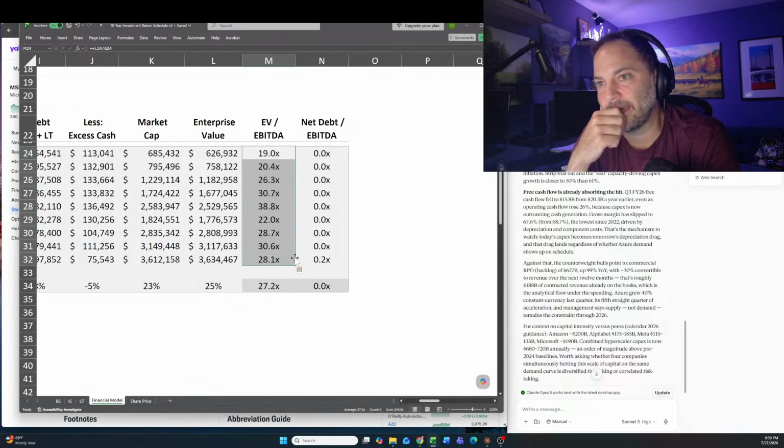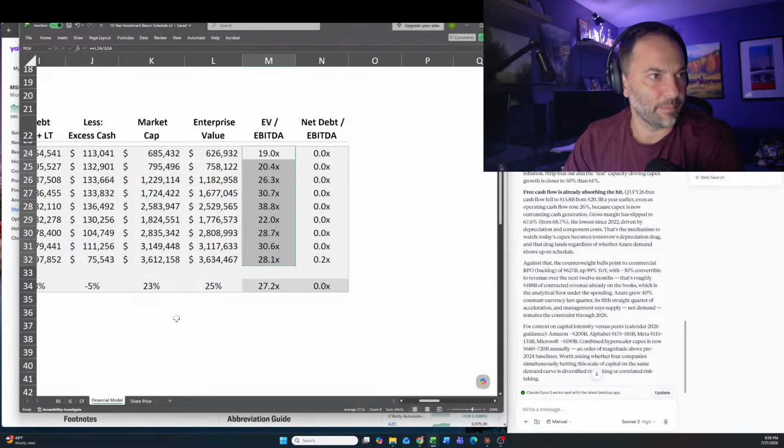I went back. Let me see if I can find this. I'm going to just stop sharing screen for a second, because I remember one time we published in the Cash Flow Club 20 or 30 years of Microsoft's multiples. And I'm wondering how often it's been this cheap.